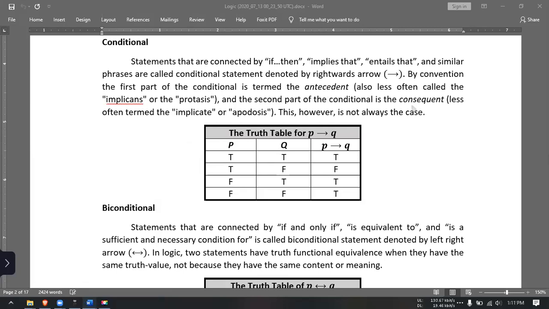Take note, there were times when the positions of the antecedent and consequent are reversed, so you have to be specific about the terms antecedent and consequent. If the antecedent and consequent have the same truth value, the conditional is true, whether both are true or both are false. But if our antecedent is true and our consequent is false, that is when our conditional statement becomes false.